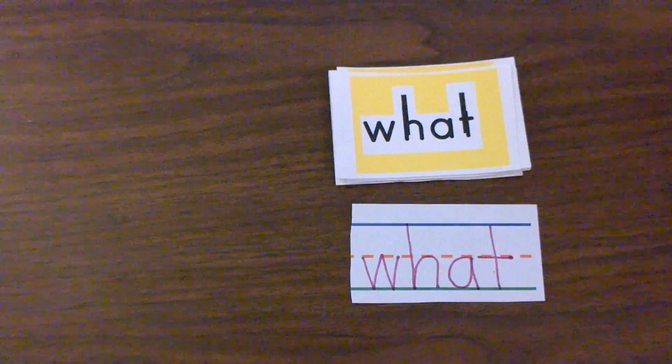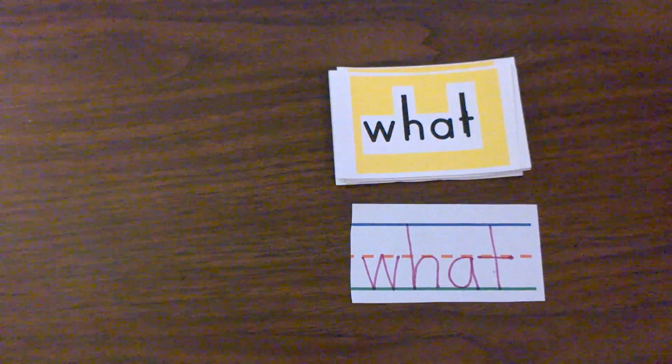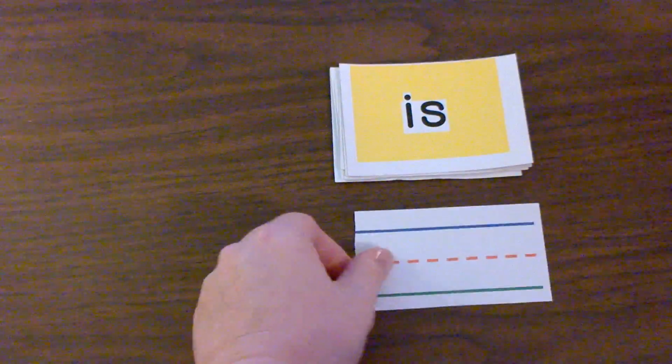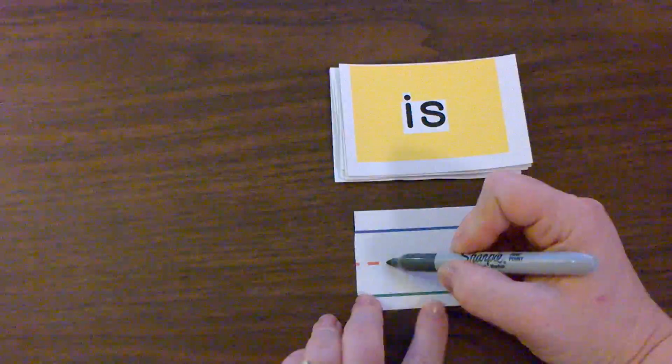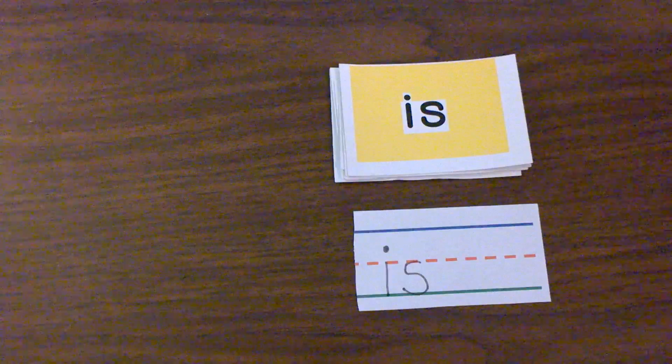What. You'll see what many times, and anytime you want to ask a question, it's a handy word to know. The next sight word we'll learn is is. I-S. Is. Let's write the word is. I-S. Is.